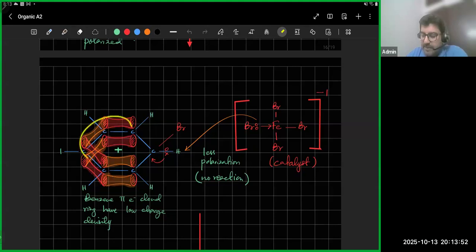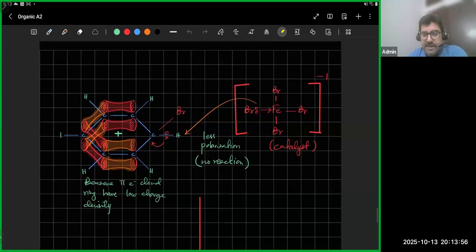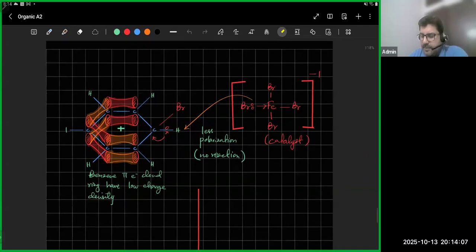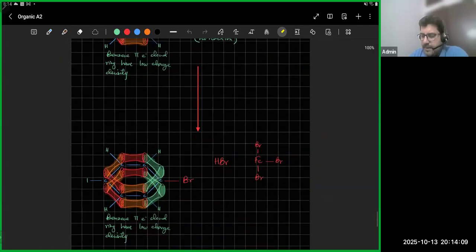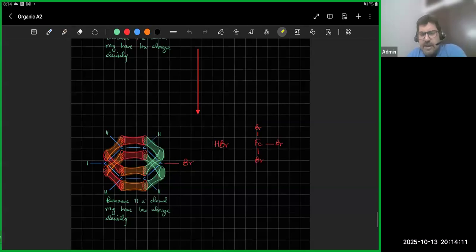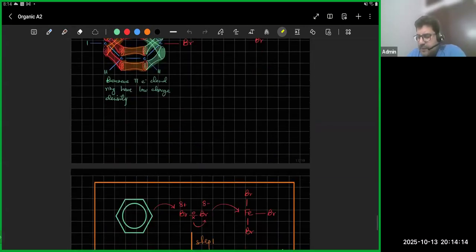Therefore, the electron cloud became positively charged because it had an electron missing. In the next step, the H lost an electron, and that H then took electrons from Br and formed HBr, and the benzene electron cloud became complete again. That was electrophilic substitution.